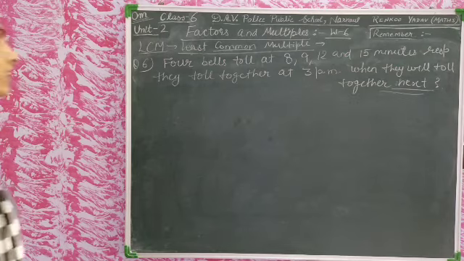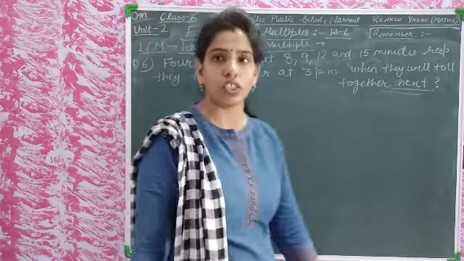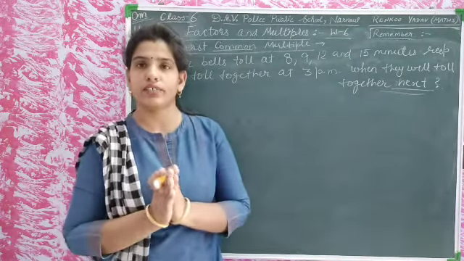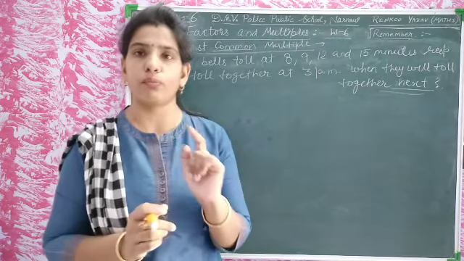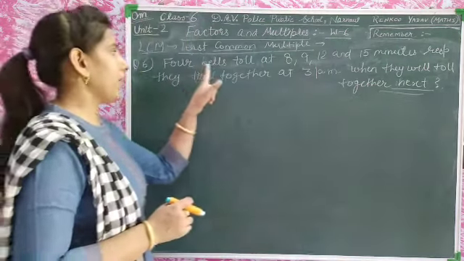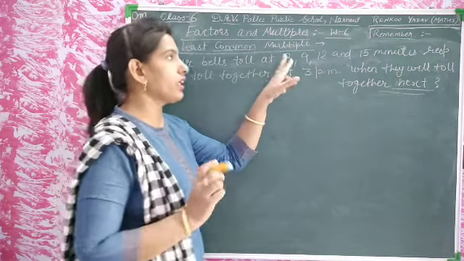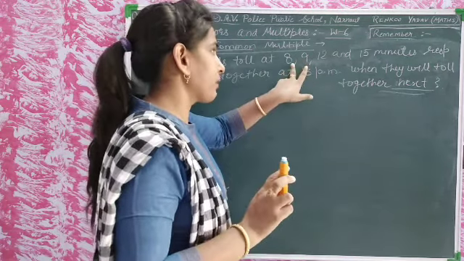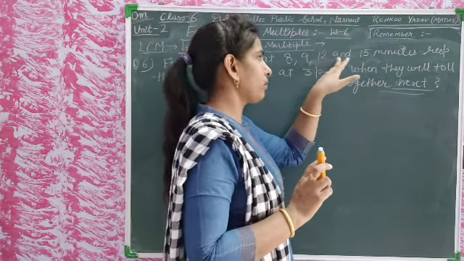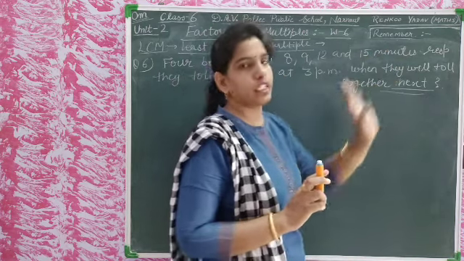Now students, there is question number 6. In question number 6, it is given that there are 4 bells. The 4 bells toll at 8 minutes, 9 minutes, 12 minutes and 15 minutes respectively.